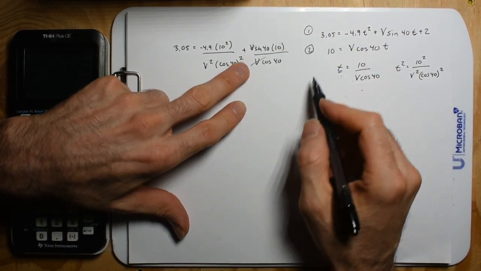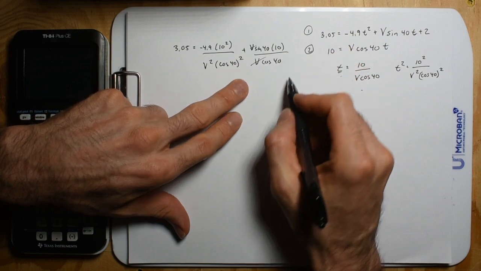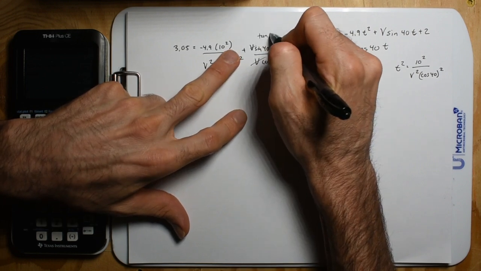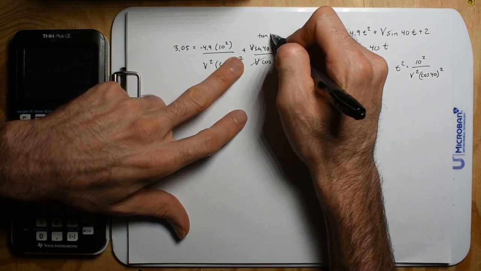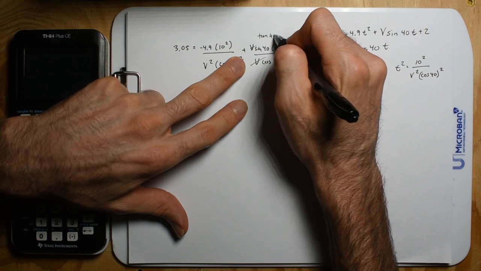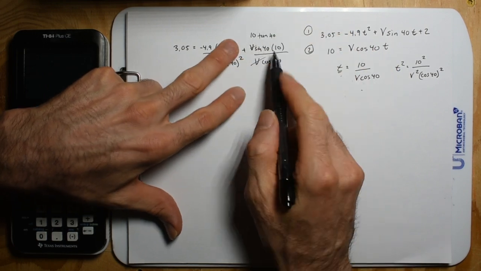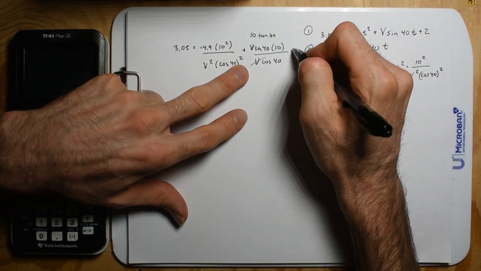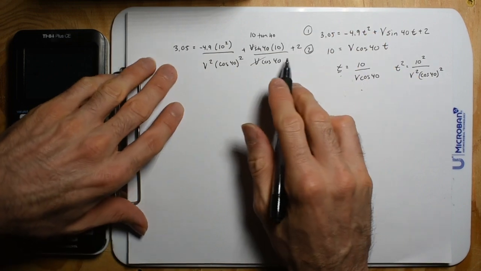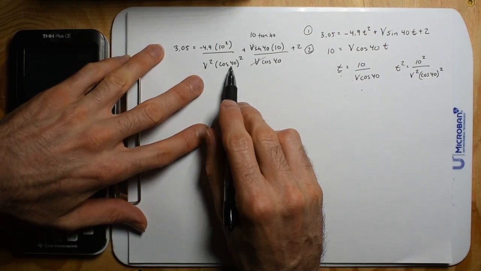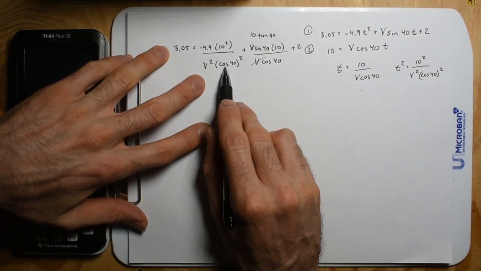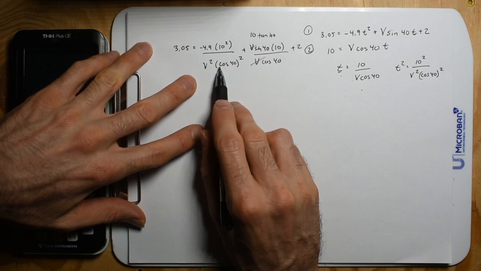Cool. The v's cancel, and this is just tangent. So I'm just going to go 10 tangent of 40. Okay, now we got the plus 2. Cool. So now I have, I don't think I can simplify this anymore.